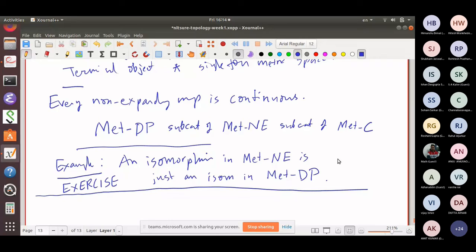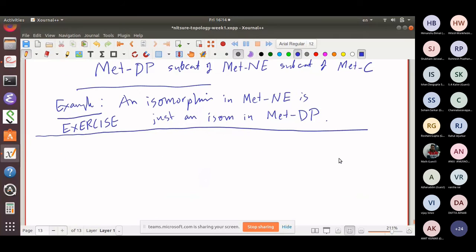But the inverse is not allowed to expand. So you go from x to x prime and come back from x prime to x and everything remains as it is, means you have never done any actual contraction. You all the time kept the distance as it is. Is this statement obvious now? Yes, sir.